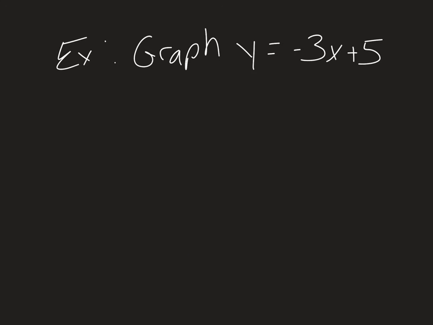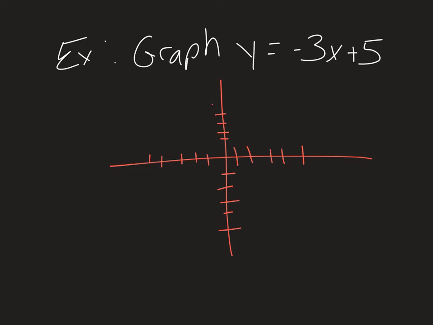So let's look at another example. Again, I want to make my axes, or my coordinate grid. Now again, I'm going to look first at my y-intercept, the b, which means I go up to 5. There's my y-intercept. And I'm going to look second at this negative 3, which means that I go to the right 1, down 3.